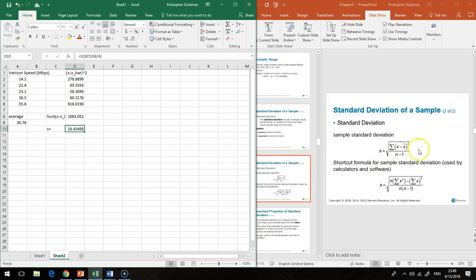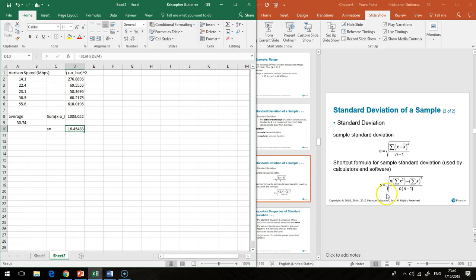Now, one other thing I wanted to go over, and I'll try to do it quickly, but I will leave a paper copy of the calculation if you want to take a look at it. So we have this S equals square root of da-da-da. Shortcut formula, doesn't really look that short, but it actually is.